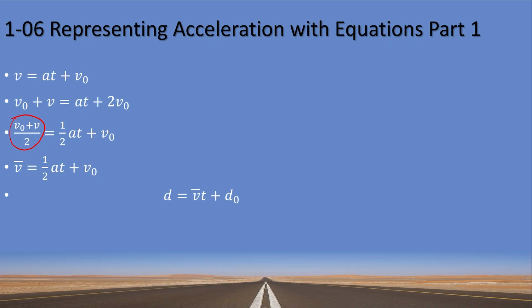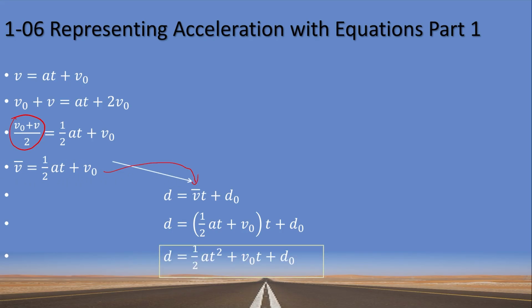But we already had this formula from before. So if I take this and fill it in for my average velocity, and then distribute the t, you get 1/2 at squared plus v0t plus d0.